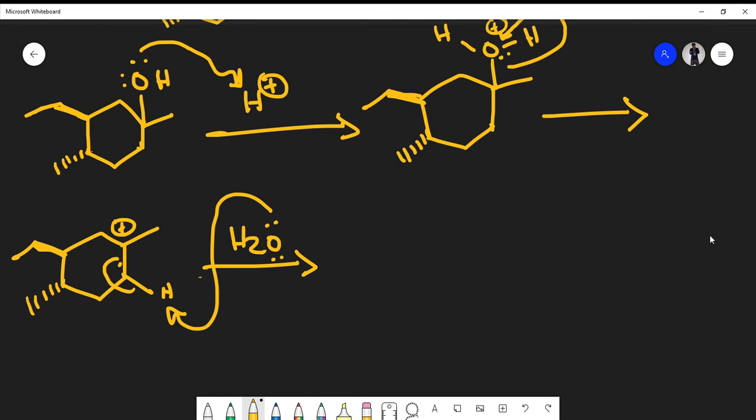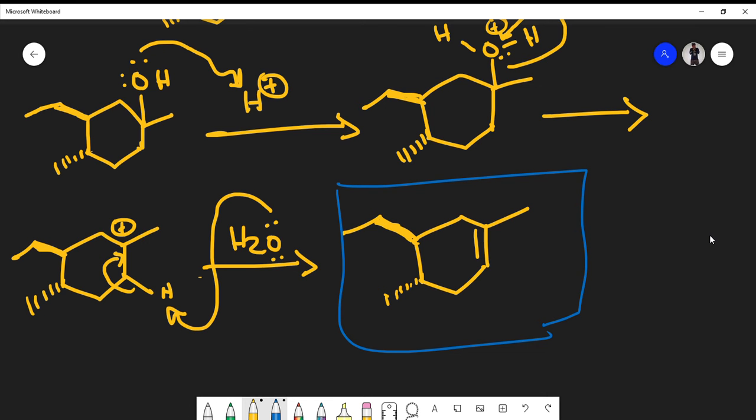As a consequence, we now form a double bond and we actually satisfy the carbocation. So in this case, here's our final product, which we drew above.